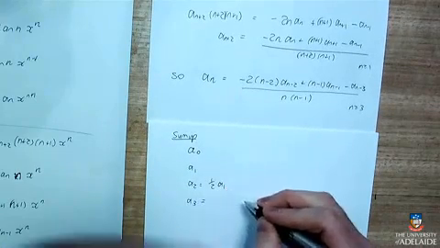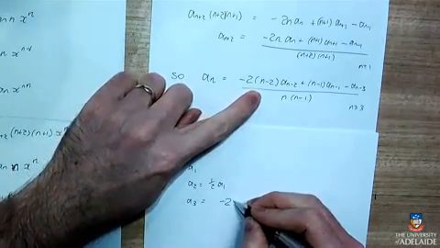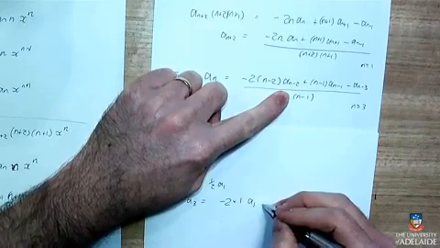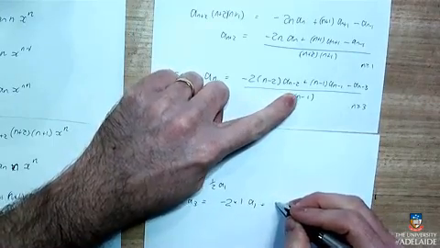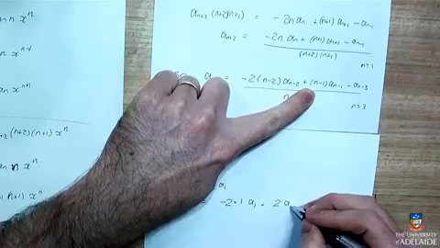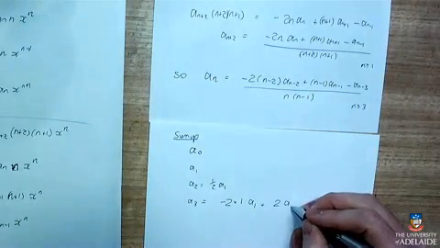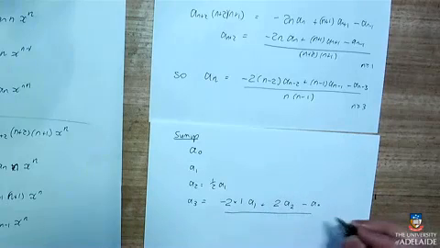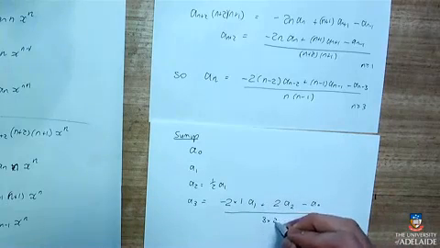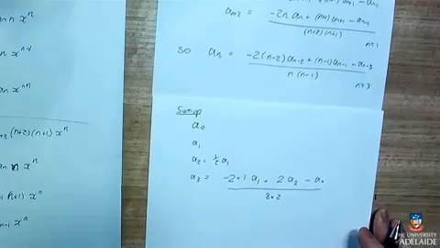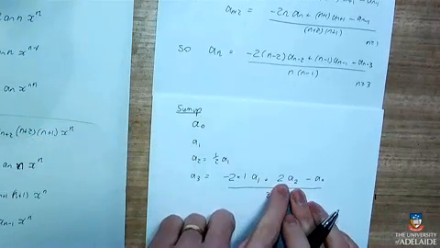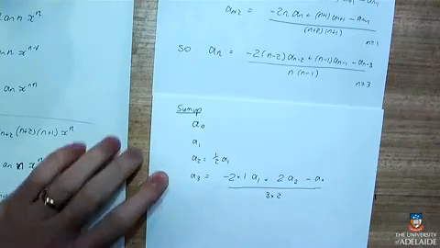A3 would be minus 2 times 1 times A1 plus 2 times A2 minus A0, over 3 times 2. Okay, cool. But A2 is half of A1.